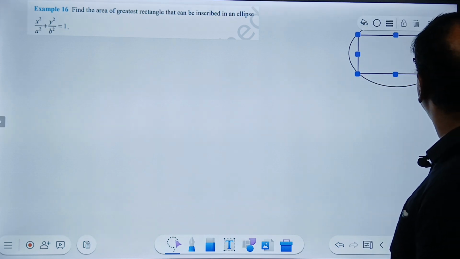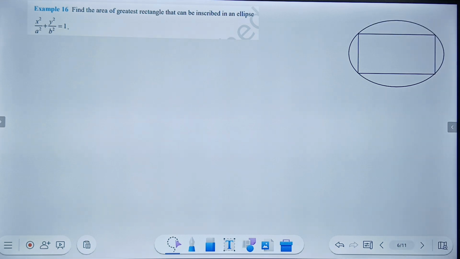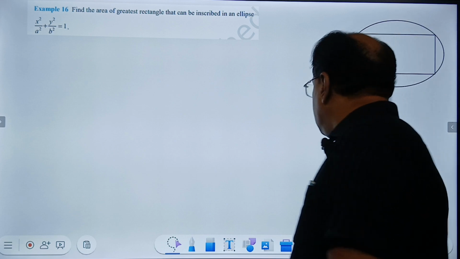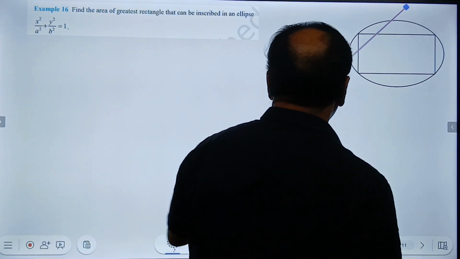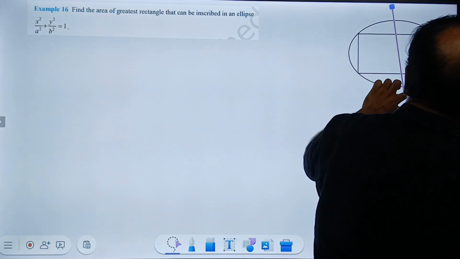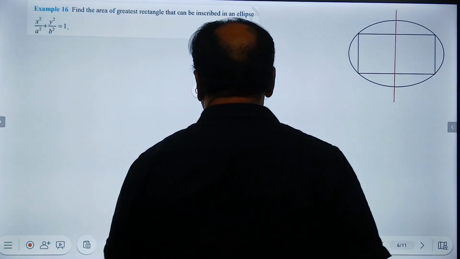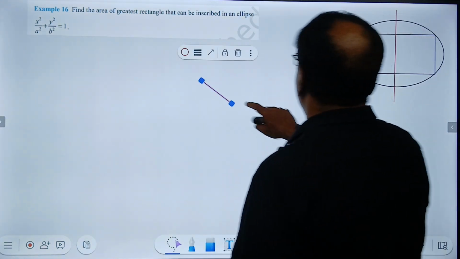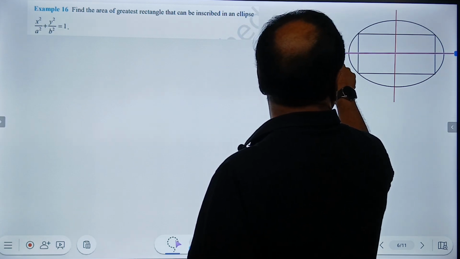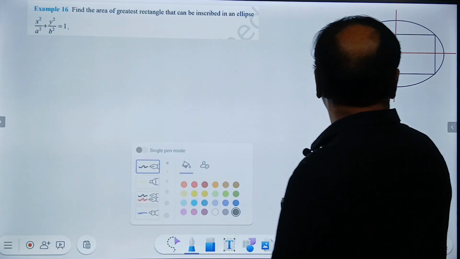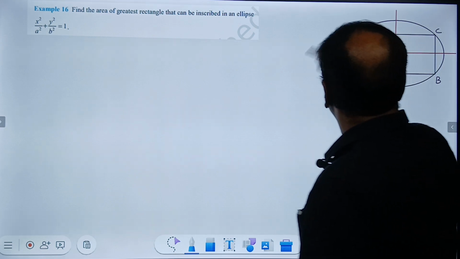I'm just trying to draw the diagram. I think it's reasonably okay. Of course, I need to draw the major axis and minor axis. So this is the major x-axis, and this is the minor axis. Let me name the rectangle as A, B, C, and D.